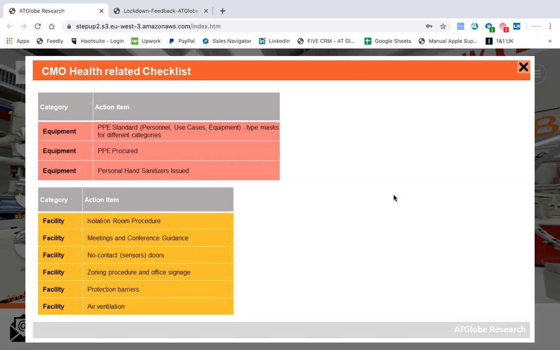One thing that we've been talking to businesses about is just being conscious of things like if someone is suspected, is there an isolation room, meetings and conferences, no touch sensor doors, perhaps, zoning procedures and office signage, which I suspect most of you are already starting to do, protection barriers, air ventilation.